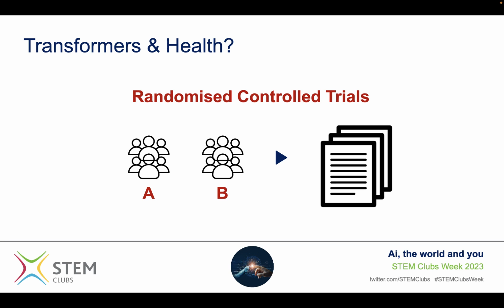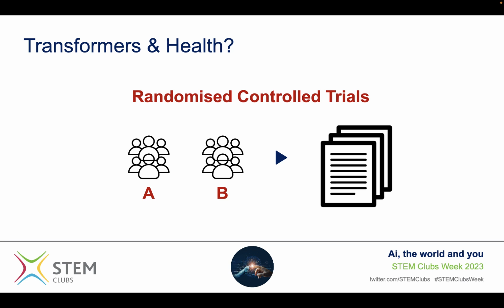Now, what's a randomized controlled trial? Well, an RCT is a type of scientific study where participants are randomly assigned to different groups, here A and B. One group, for example A, receives the treatment or intervention being tested, while the other group, B for example, serves as a control group, receiving either a placebo or an alternative treatment.